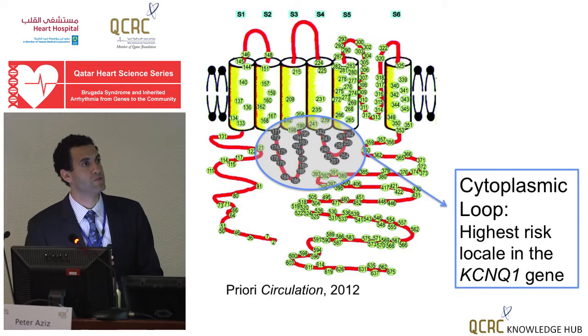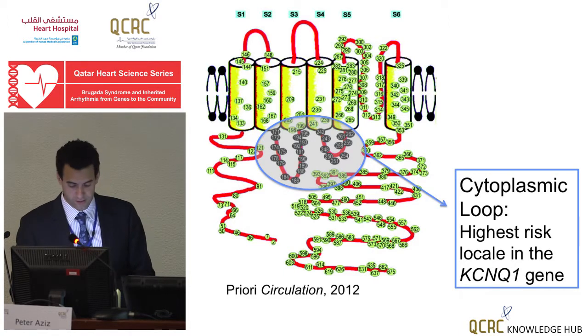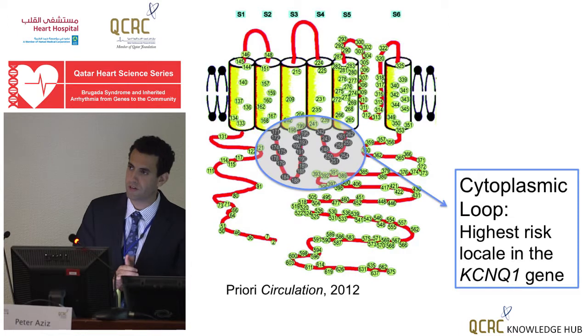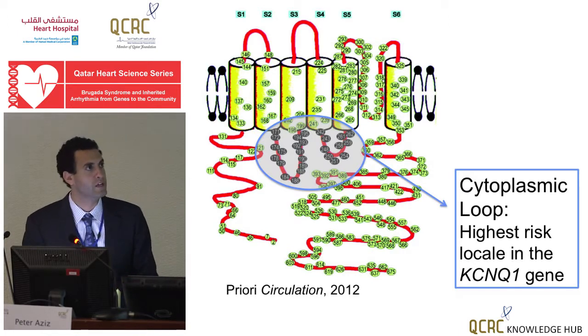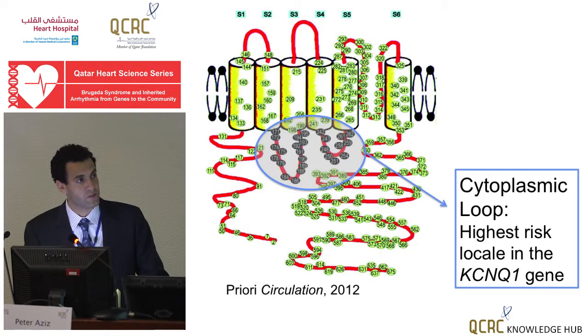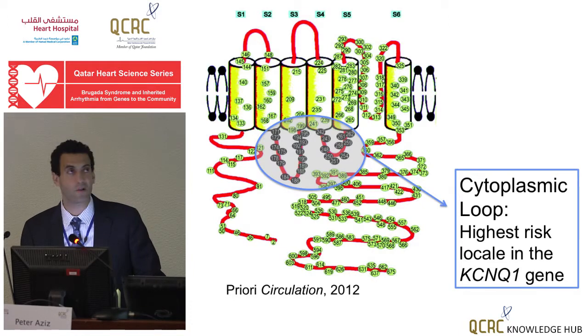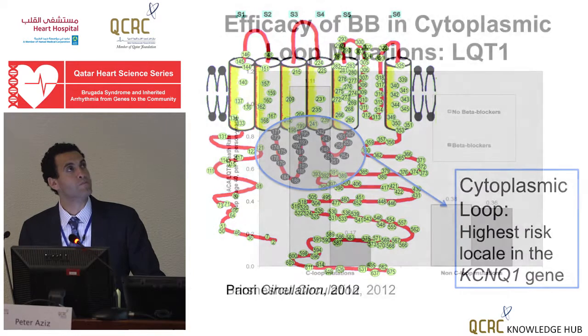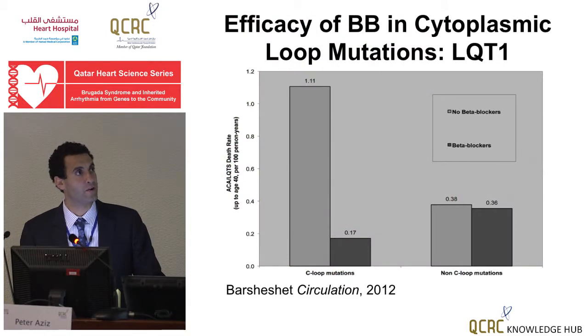Another relatively recent article assessed the location of the gene mutation in terms of risk stratification. We touched upon this earlier as well, though I want to highlight this is the long QT1 gene. They looked at the patients with mutations here in the cytoplasmic loop and found that those patients with that locale of mutation were the highest risk of developing symptoms. What were their responses to beta blocker therapy?